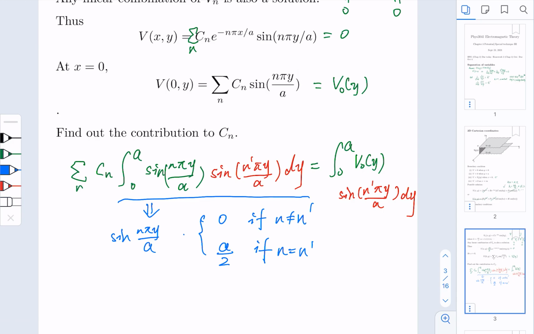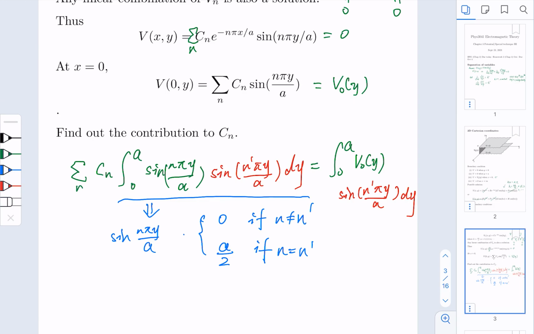The first one is saying that the two functions are orthogonal to each other, and the second one is saying what the normalization factor of the sine n pi y itself is. So here a over 2 is simply the normalization factor of this sine function. Now keep this in mind, then we can actually calculate the result of this expression.